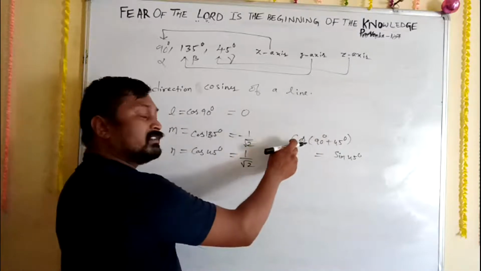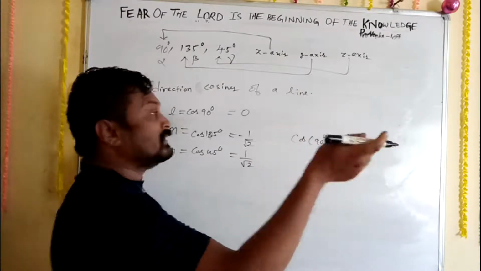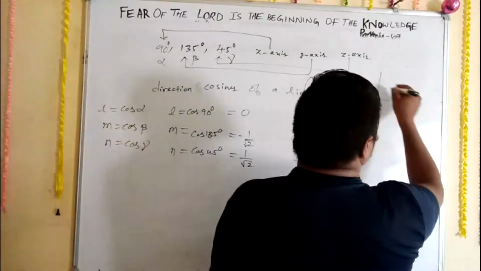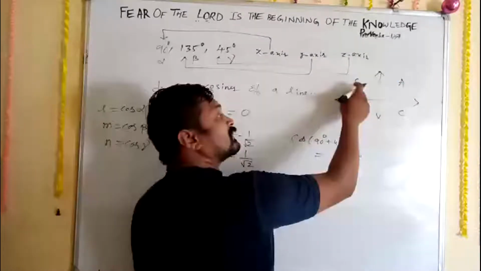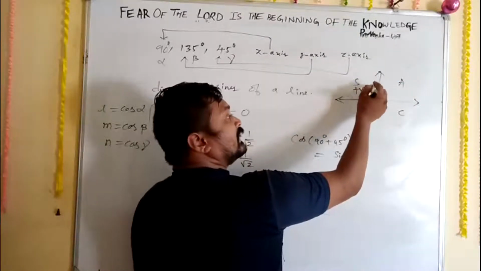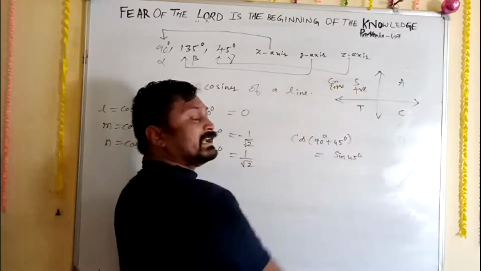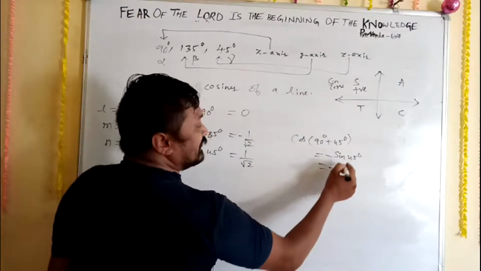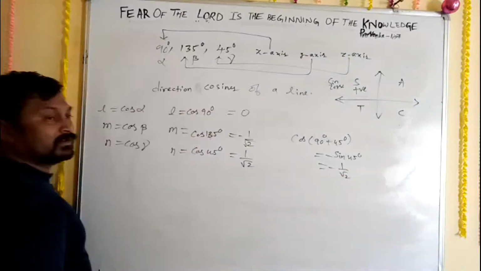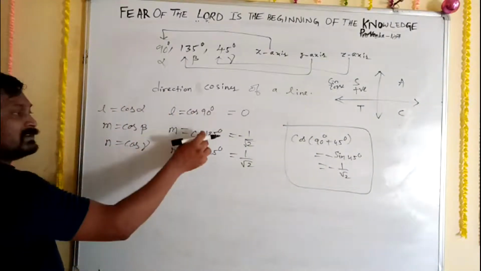In the second quadrant, is cos positive or negative? You remember this, I hope. All Silver Tea Cups: all are positive in the first quadrant. In the second quadrant, except sine and cosec, the remaining are all negative. That was the reason for the minus here. So minus sine 45 is nothing but minus 1 upon root 2. Okay. This you can write in your rough work. So now cos 135 is equal to minus 1 upon root 2.